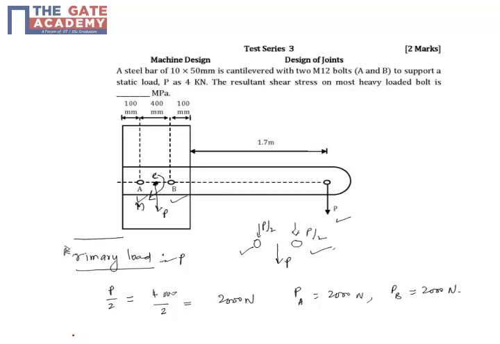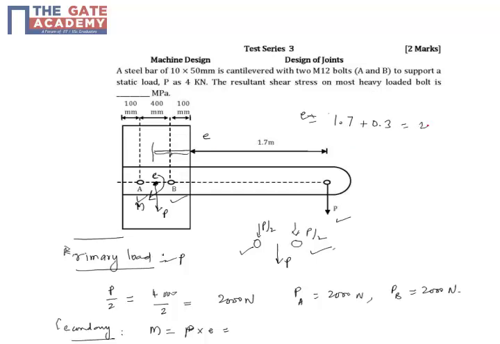Now coming to the secondary load. You have to pay attention to how we get it. The secondary load is the moment, and this moment is P into the eccentric value. Remember this is P, and this value E is from the center of the bolts to the point where the load is acting, which is 1.7 meters plus 300 mm, that is 0.3 meters.